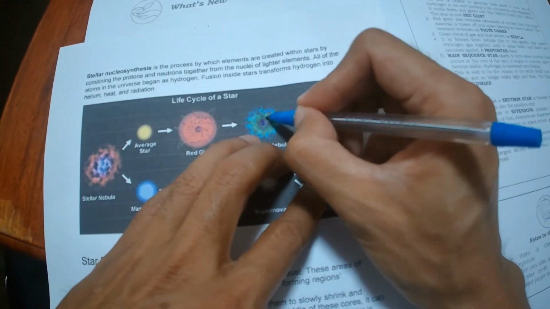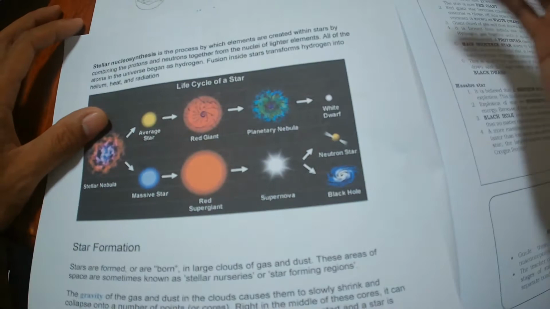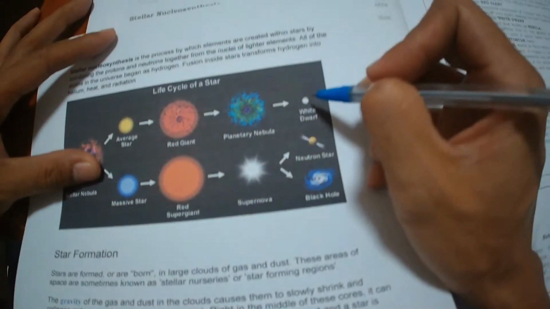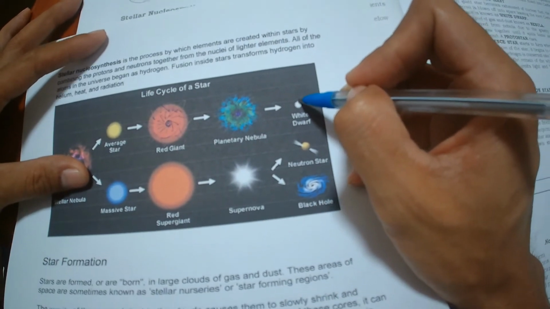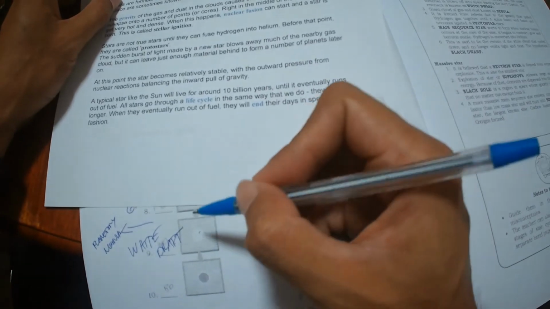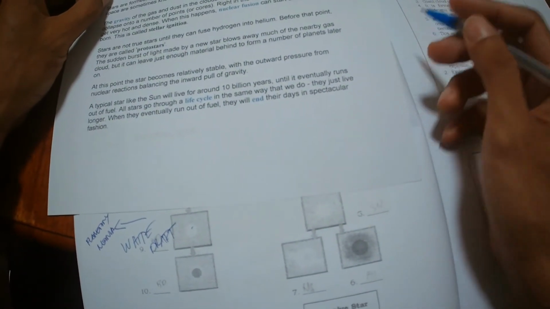Pag nawala na yung outer shell, which consists of gases na burn out na, ang matitira lang yung core. Yun na yung magiging white dwarf star. White dwarf.